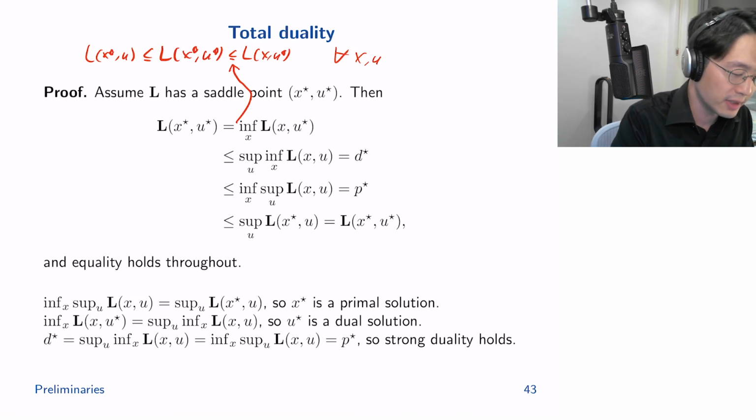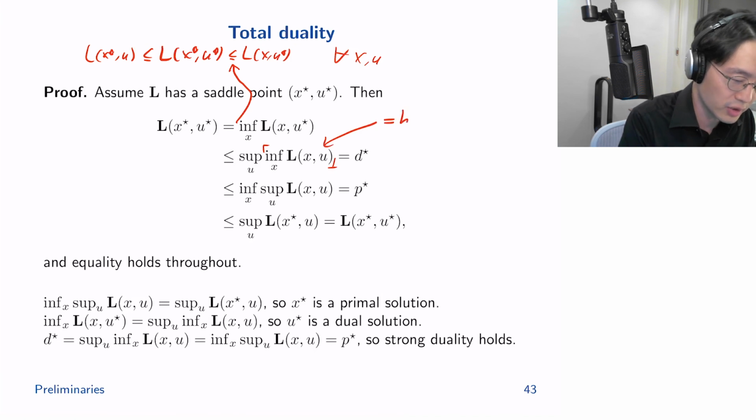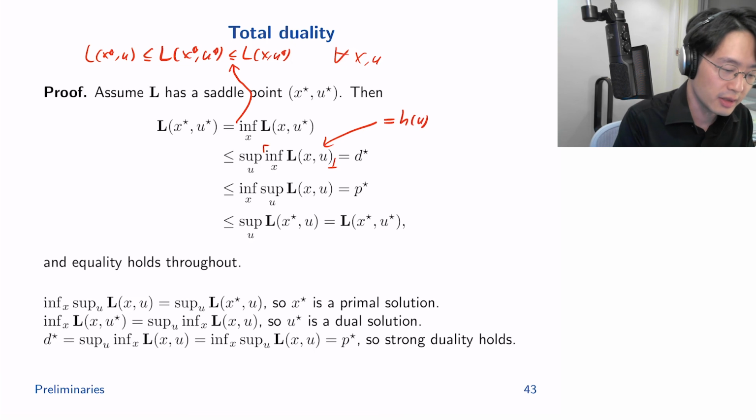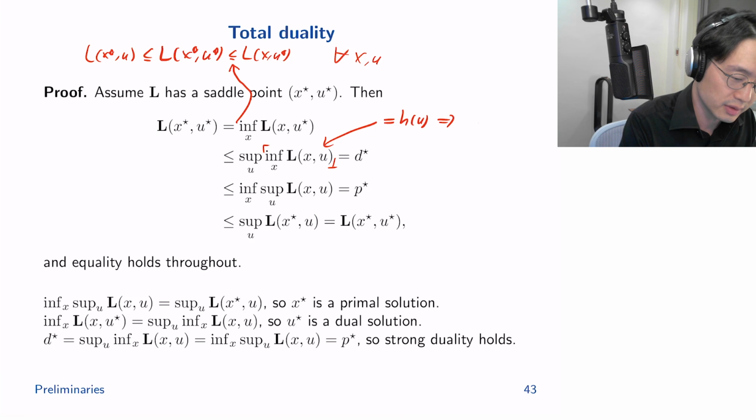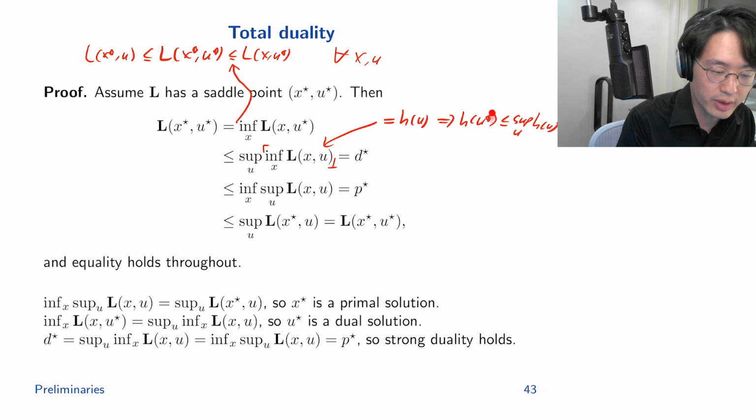Next we have inf over x of L of x, u star less than or equal to sup over u of inf over x of L of x, u. This follows from defining this thing as h of u. Then h of u star is less than or equal to sup over u of h of u, because of course u star is one possible input.